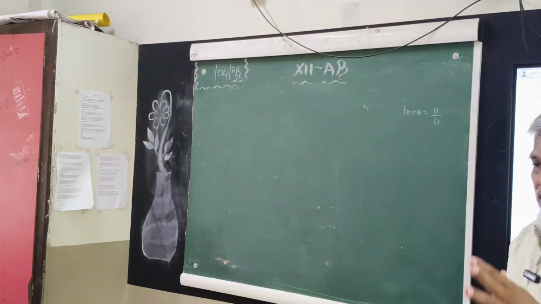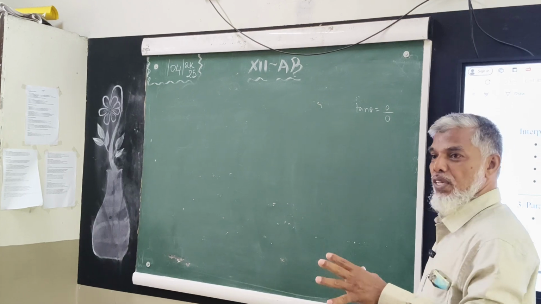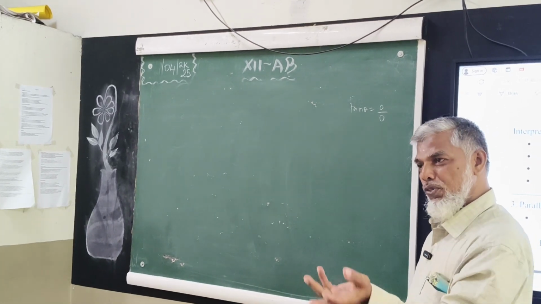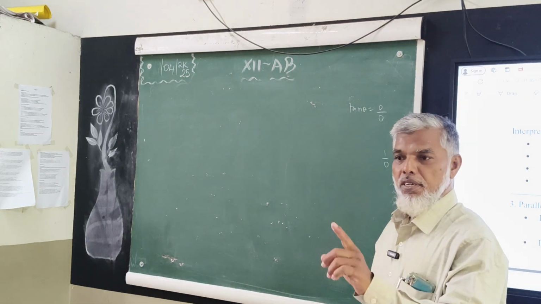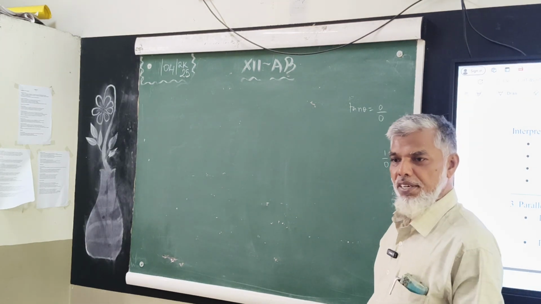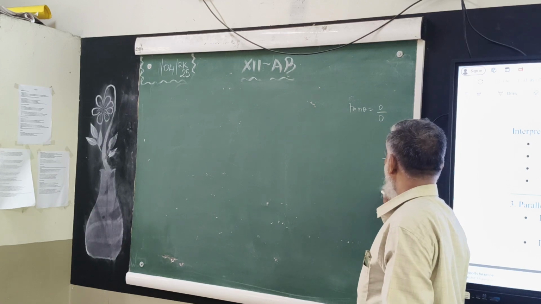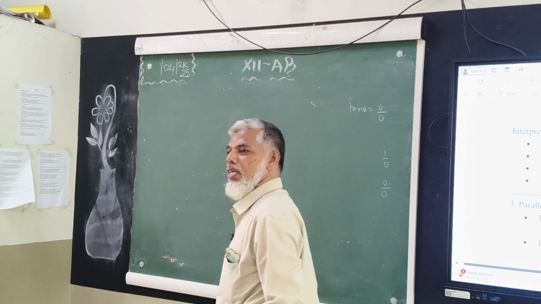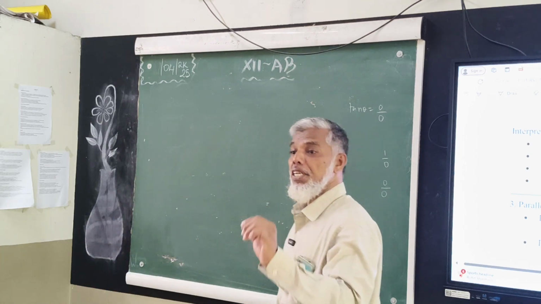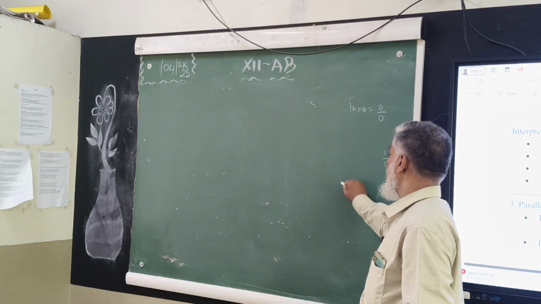Because mostly this type of question will definitely arise when you become a teacher or when you teach. What is 1 by 0? Infinity. Right? What is 0 by 0? 0 by 0 is an indeterminate form.